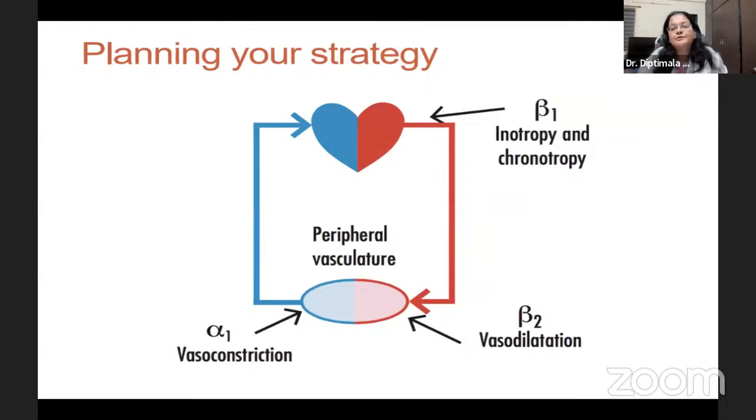So now how do you plan your strategy? We have to be very clear that drugs which act on alpha-1 receptors cause vasoconstriction. Action on beta-1 receptors, there is inotropic and chronotropic action, and action on beta-2, there is vasodilatation.